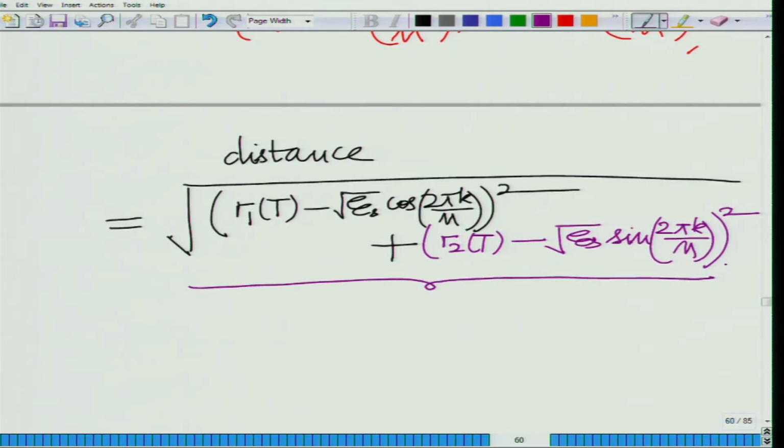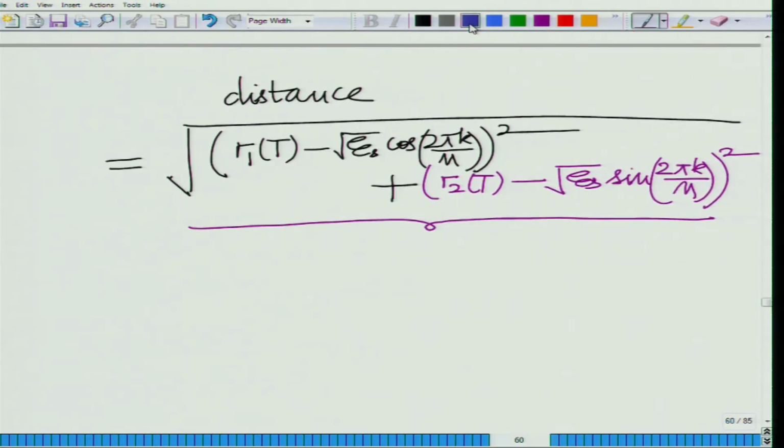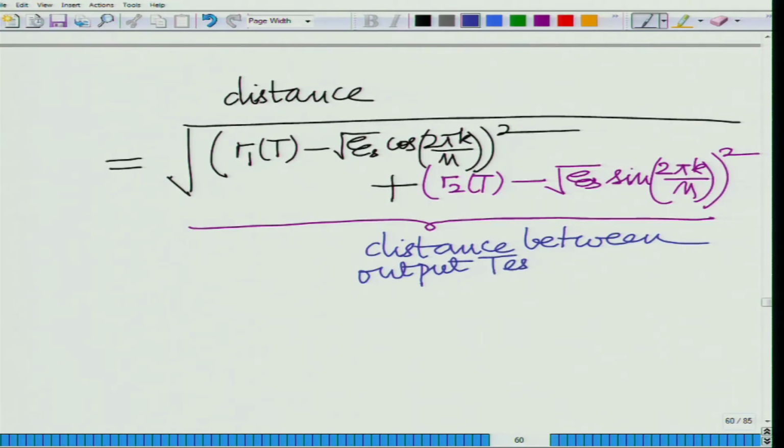This is the distance between the output, what we call the test statistic, which is obtained after matched filtering and sampling.